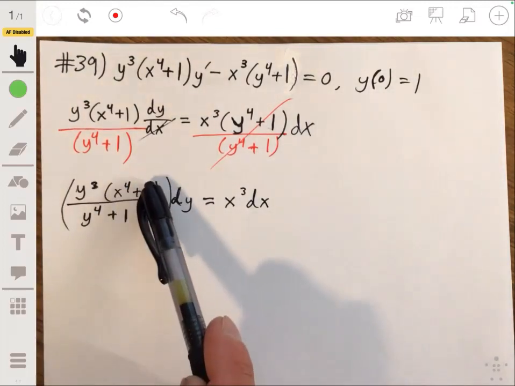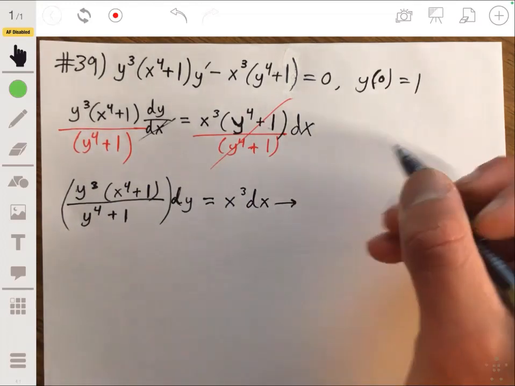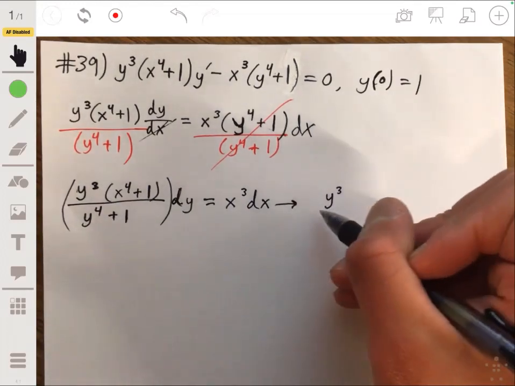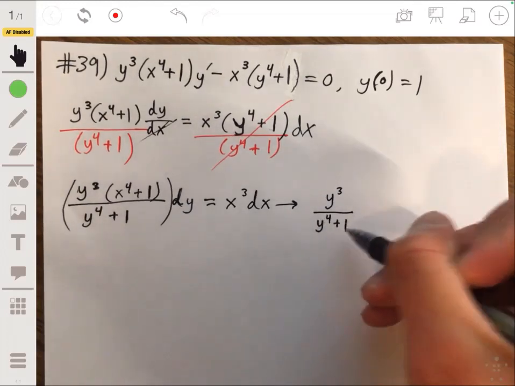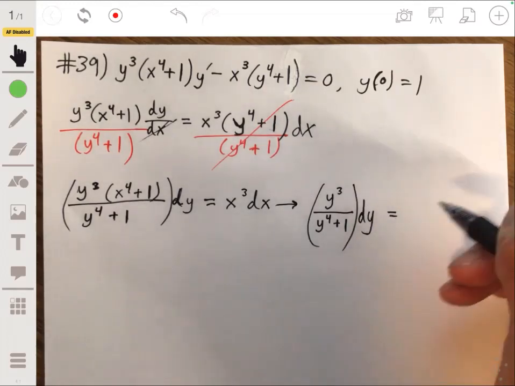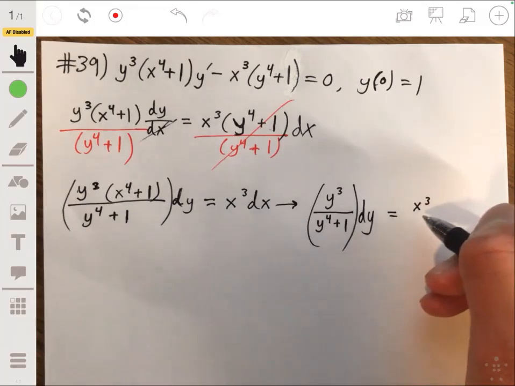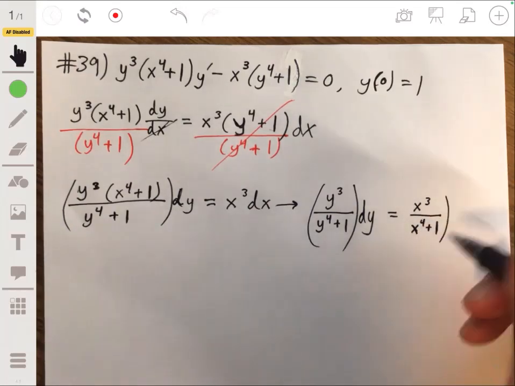And so now we just divide by this group, x to the fourth plus 1. And then we'll just have y cubed over y to the fourth plus 1 on the left times dy. And on the right, we'll have x cubed over x to the fourth plus 1 times dx.